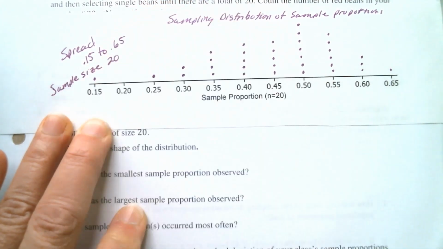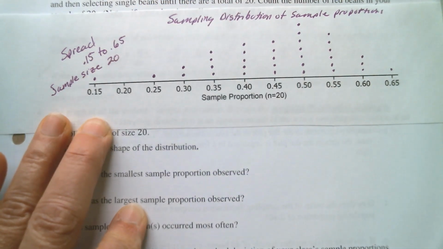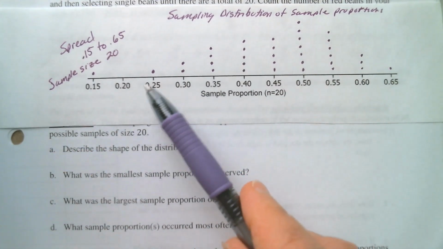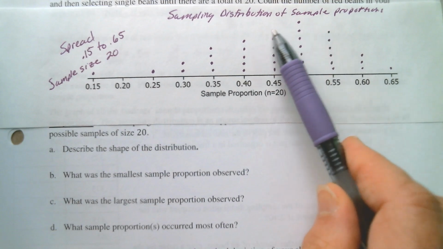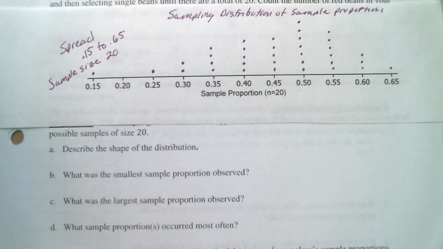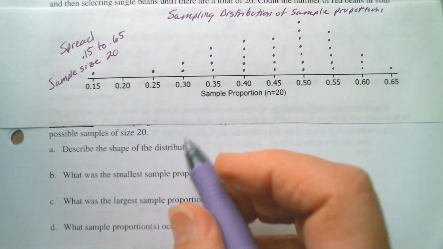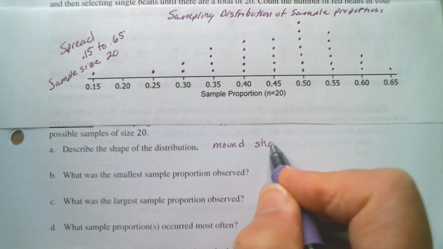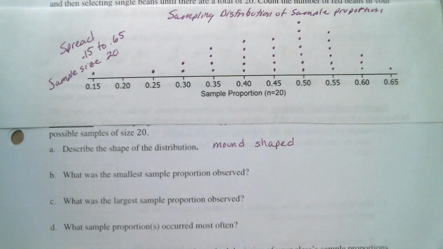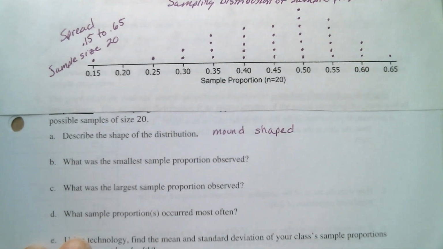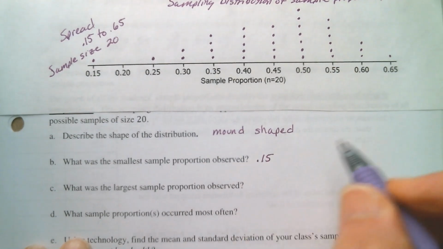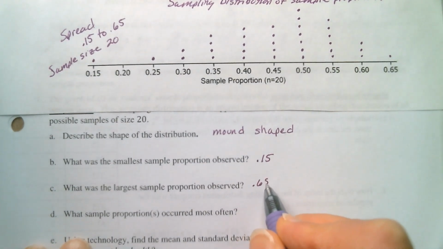Describe the shape of the distribution. It's definitely mound shaped. You might consider it a little skewed left, but it is definitely mound shaped. The smallest sample proportion is 0.15 and the largest is 0.65.